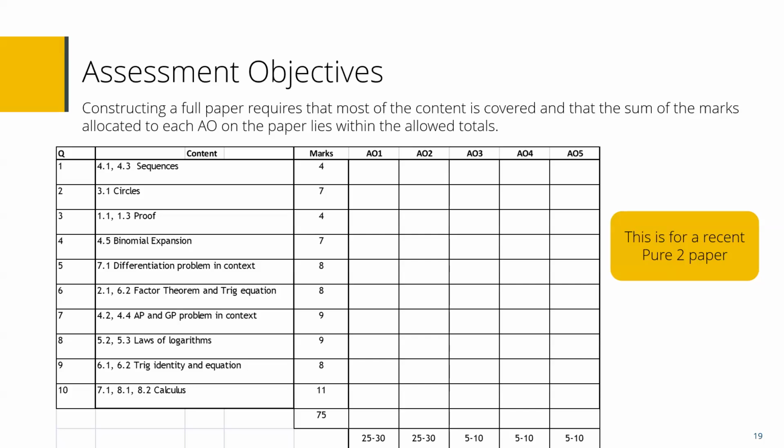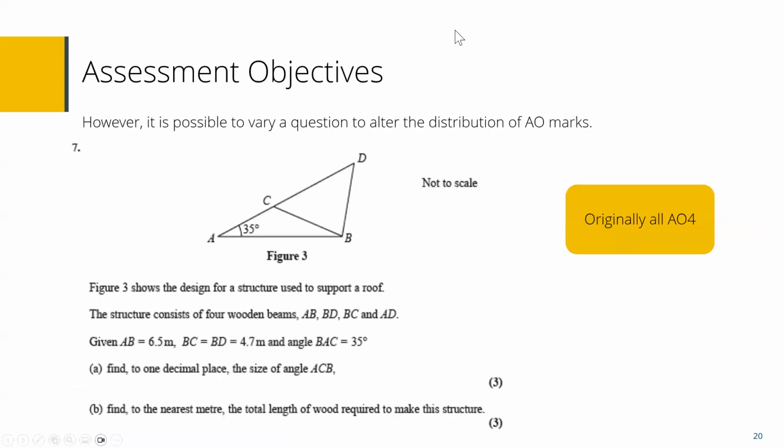The other thing is, if we look at the following slide here, and look at this question here. A question can alter the distribution of the assessment objective marks. In this case, this one relates to the difficulty of filling up the assessment grid.